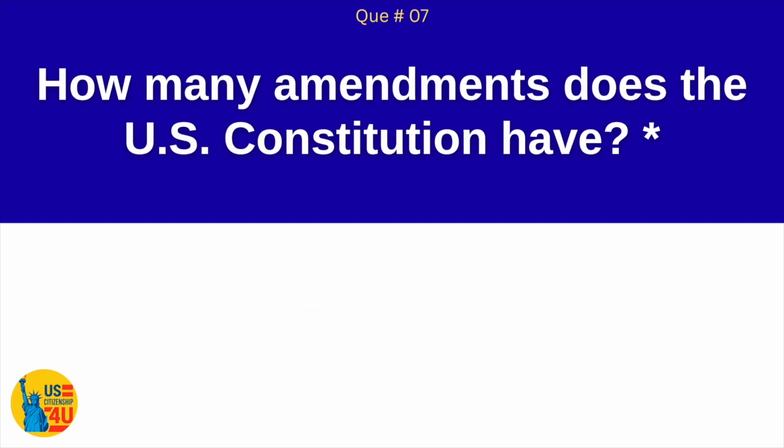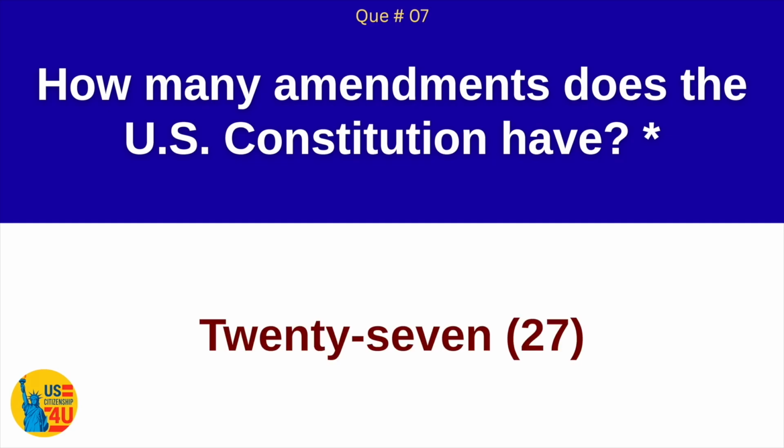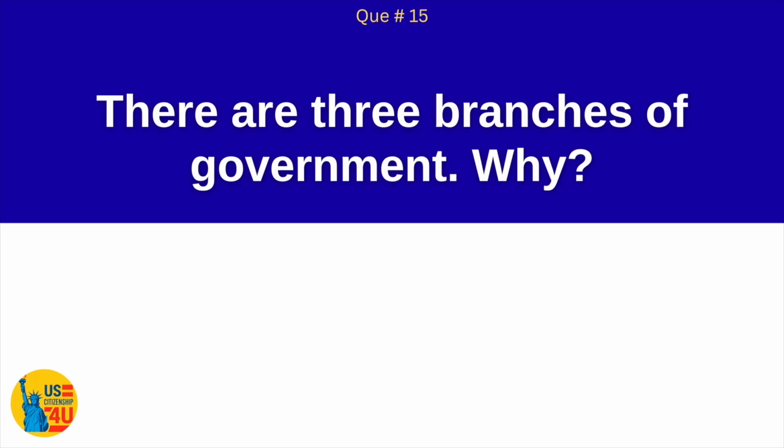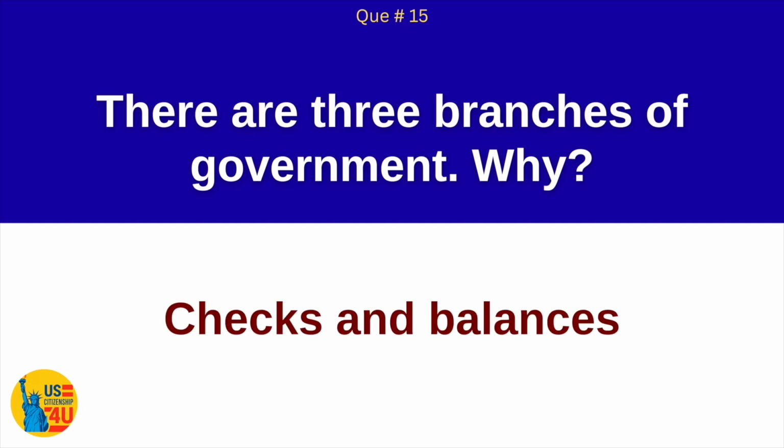How many amendments does the U.S. Constitution have? 27. There are 3 branches of government. Why? Checks and balances.